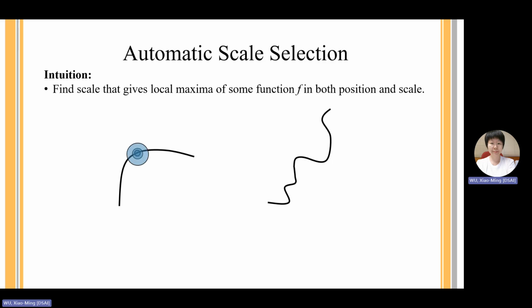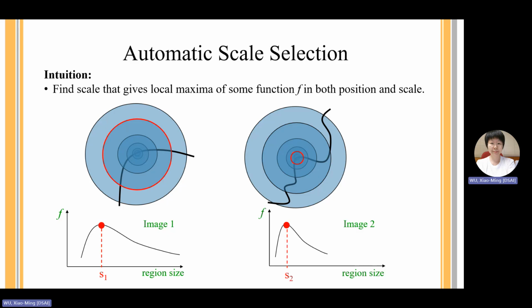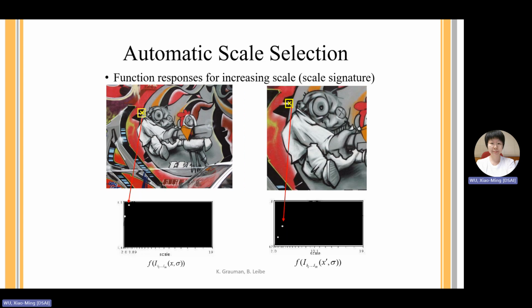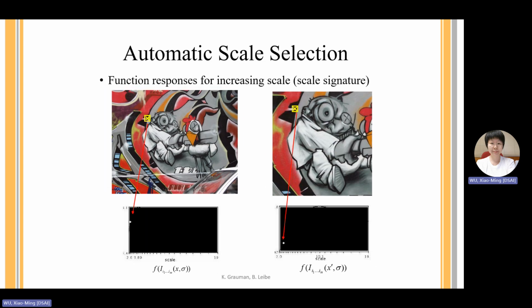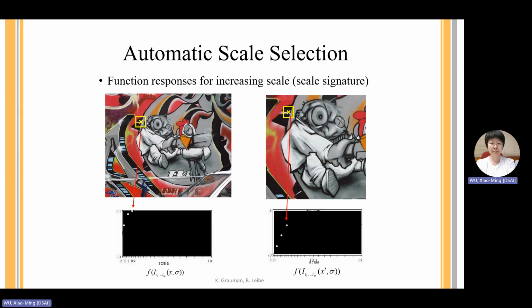Okay, so the idea is just to look at the scale space, applying windows of varying sizes. In this example, we increase the window size, and we increase the window size.